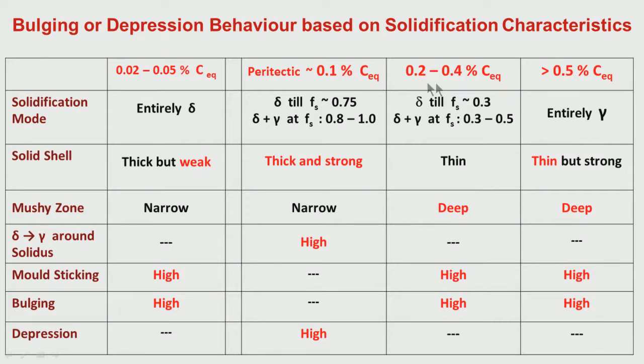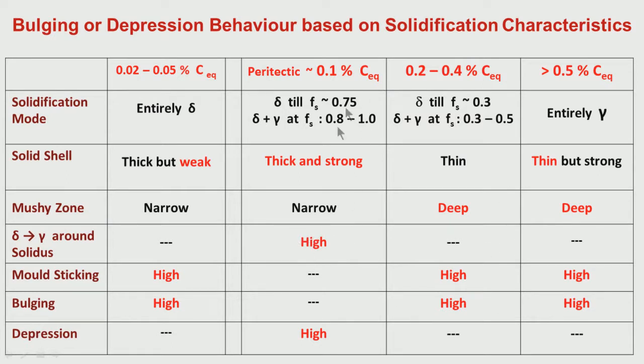So at this carbon concentration, initially there is delta formation, but delta to gamma transformation takes place around a solid fraction of 0.3 to 0.5. That means it is taking place above that brittle temperature region, which is 90% solid fraction to 100% solid fraction. So delta to gamma around solidus is not there, it is taking place above that.